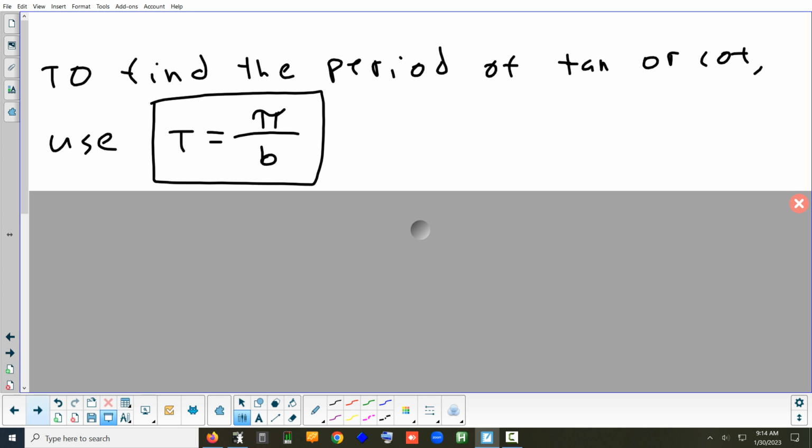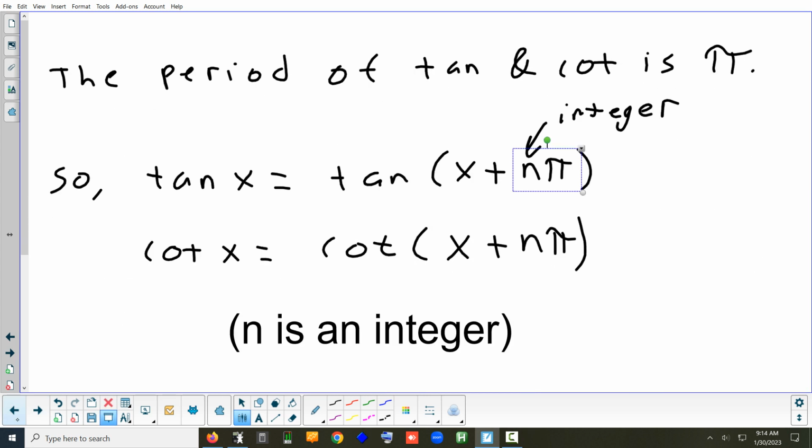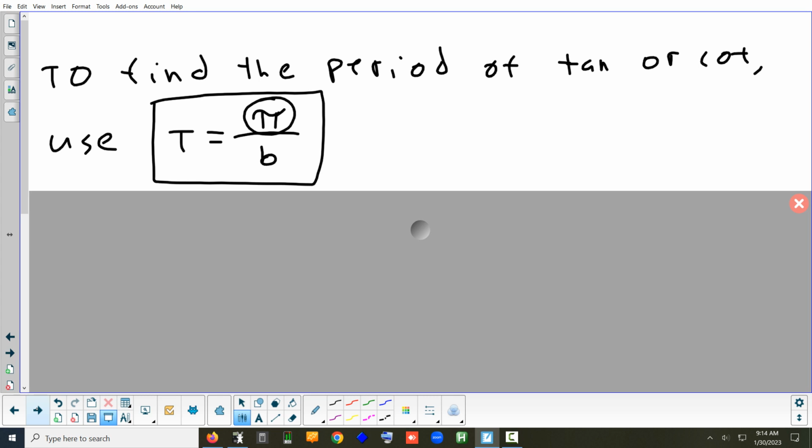The reason why it's pi is because whatever you put in the top of that formula has to be the original cycle length. If the original cycle length is pi, you put a pi. If it's 2 pi, you put a 2 pi. So that's why with sine and cosine we use a little bit different formula.